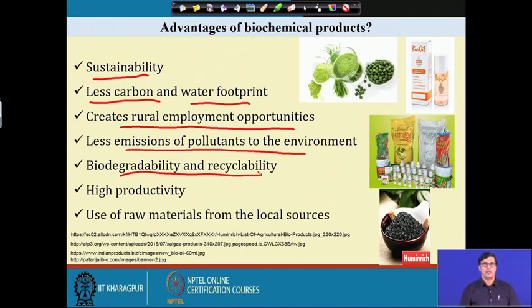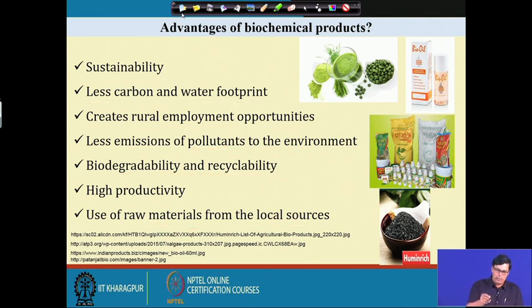I can give the example of plastics, which are not biodegradable, but if you use bioplastics, the biopolymer, it can be easily biodegraded, so it will save our environment. And high productivity and raw materials from local sources are also very important, because if they are available from local sources, then we can use them very easily.